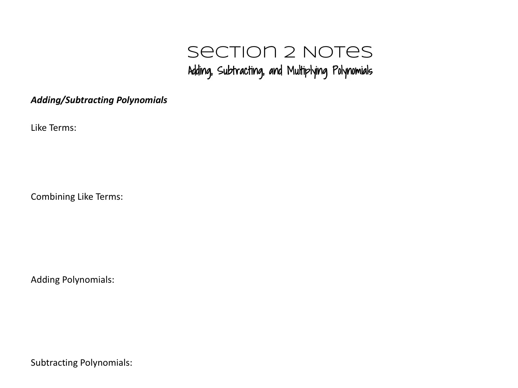In section 2, we're going to talk about adding, subtracting, and multiplying polynomials. A couple important things when you are adding and subtracting polynomials is that you can only do it with like terms. And like terms are terms with the same variable or variables and exponents.